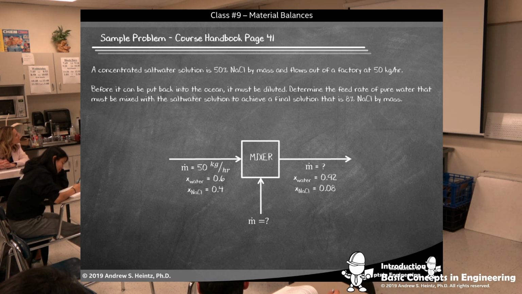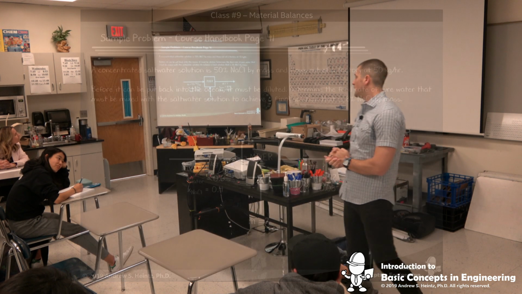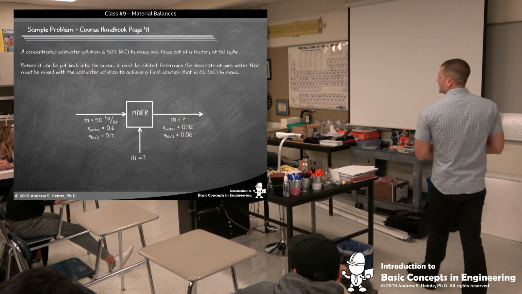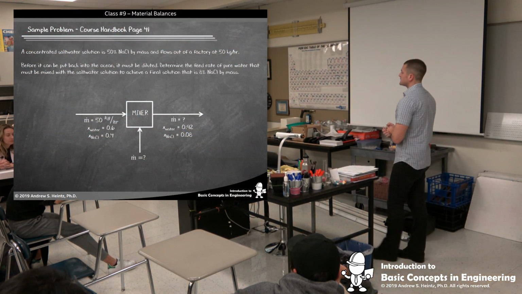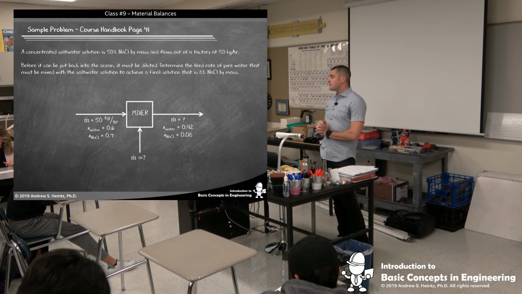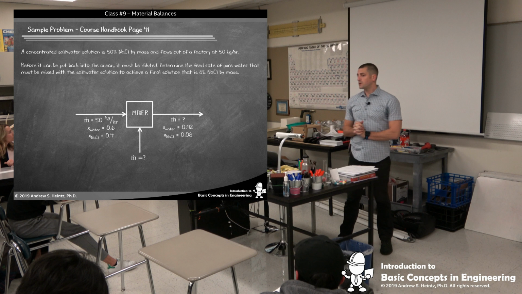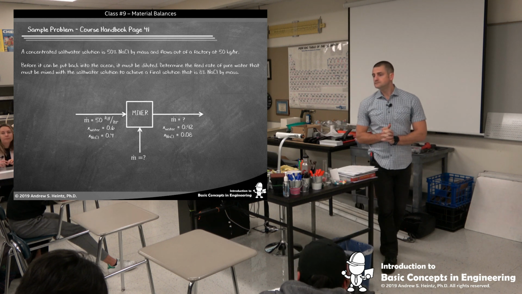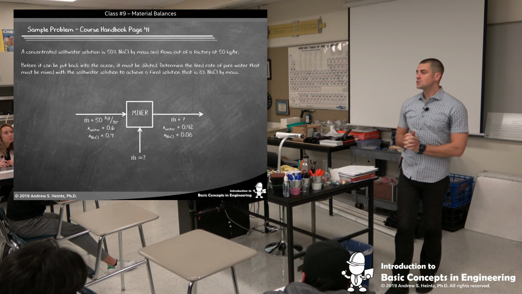So in this case, we're not looking at what's in and out. We know what's coming in, we know what's going out, but now we need to figure out what else we have to add to it. Okay? So let me give you 2-3 minutes and take a stab at this one. Now let me point out one more thing before we get started. How many unknowns do we have in this example? 2? What are my unknowns?